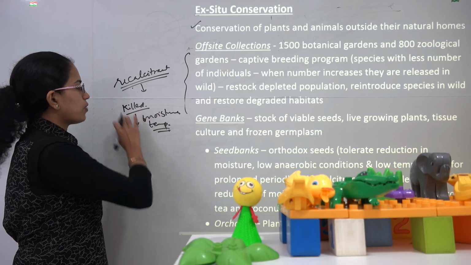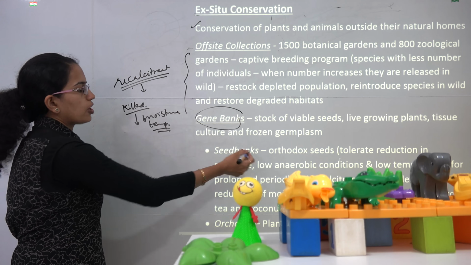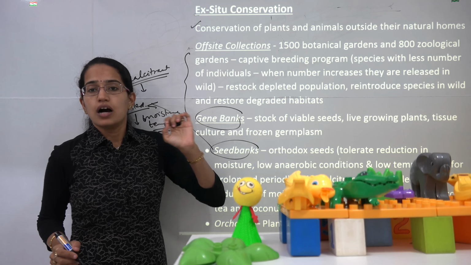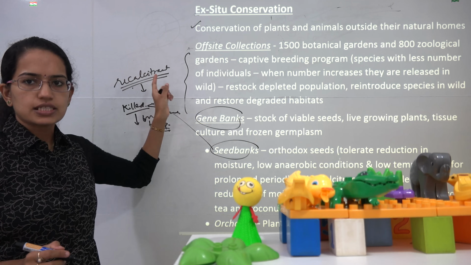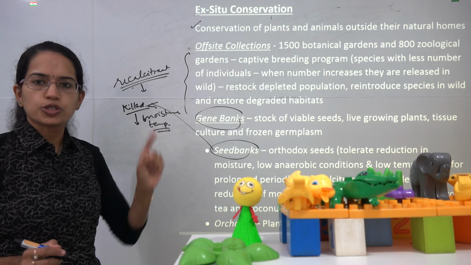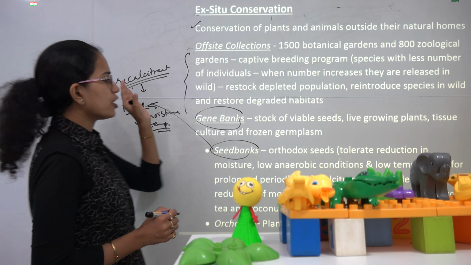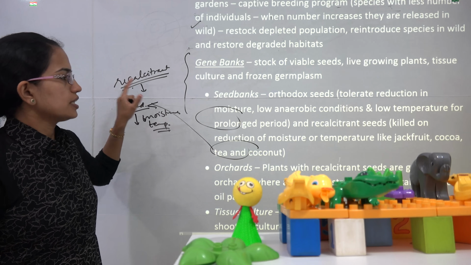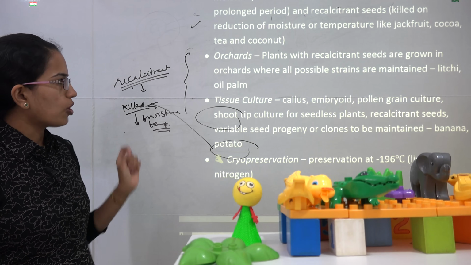So under the gene banks or the seed banks, these seeds are preserved, specifically the recalcitrant seeds. Besides that, you have the orthodox seeds. Orthodox seeds are the seeds which can tolerate reduction in moisture. They can tolerate low temperature for a long period.